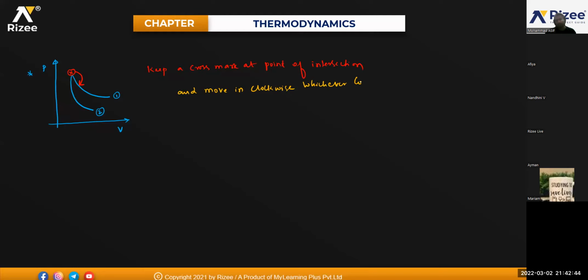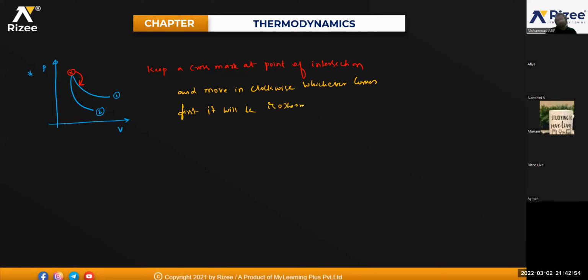Whichever comes first will be isothermal. That means here 1 is isothermal and 2 is adiabatic.